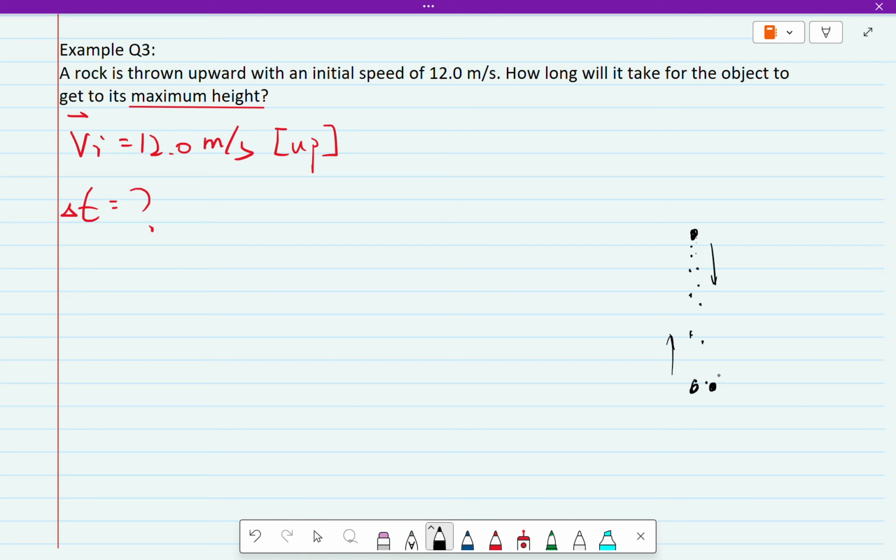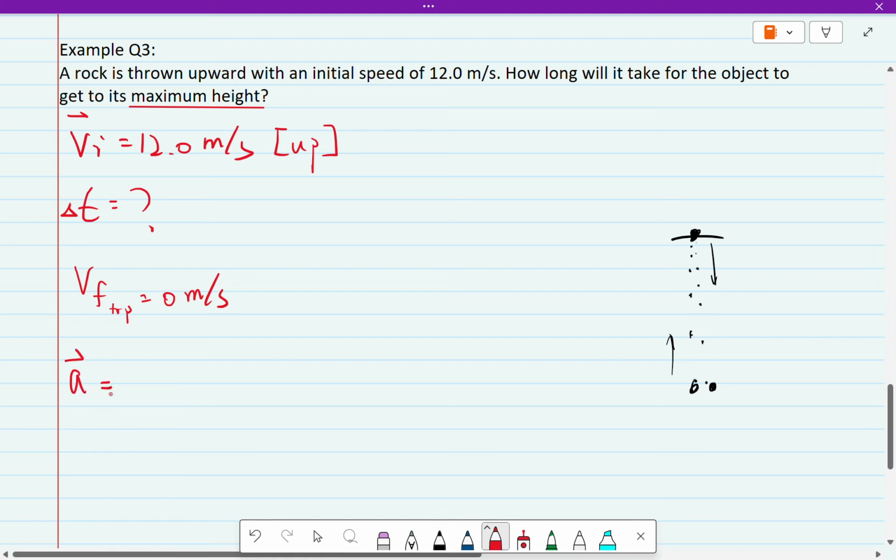So you want to recognize that if we want to find the maximum height, this is actually a temporary stop. So the final velocity at the top would be 0 meters per second. What about any other implications of this question? What would be the acceleration in this question?